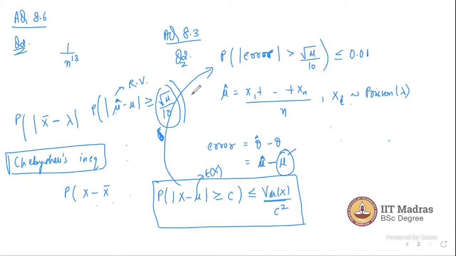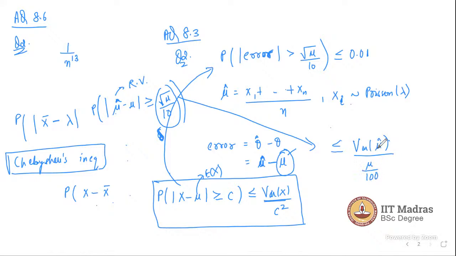Variance of mu hat, less than or equal to variance of mu hat divided by mu by 10 square, mu by 100.